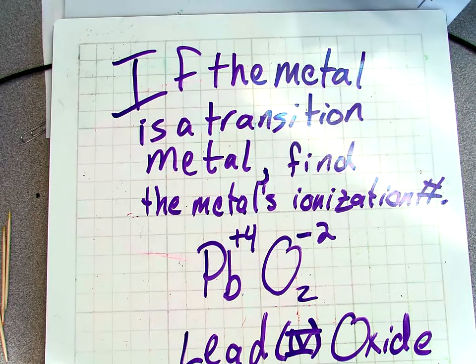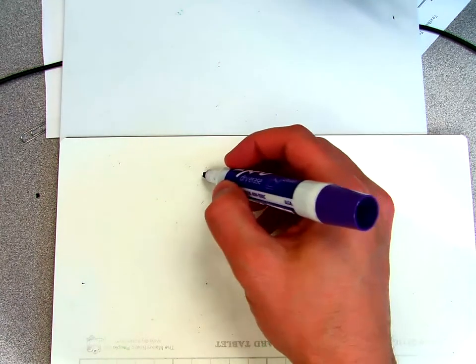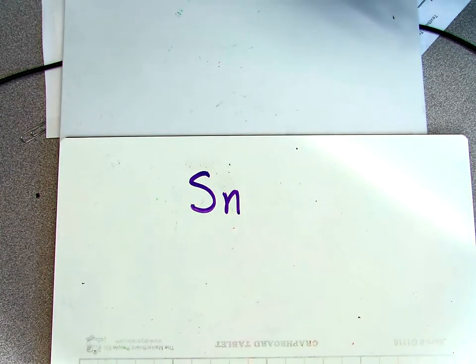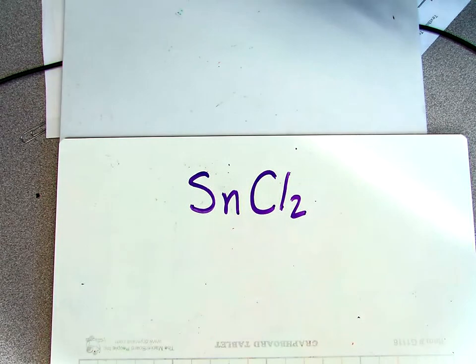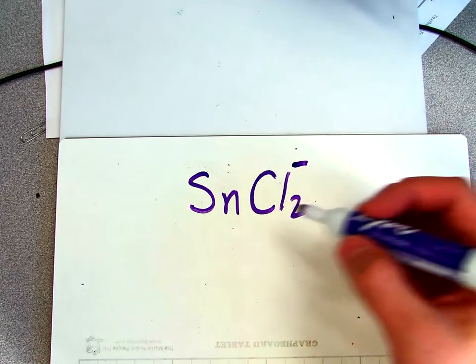Okay? Let's do another one since I know these are the harder ones. If we had tin, SnCl2, every Cl is a -1.